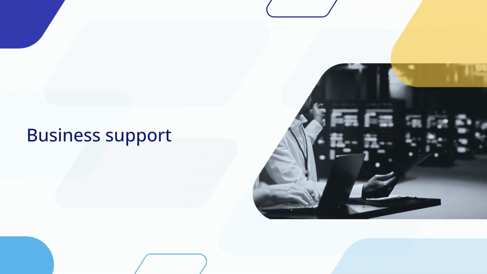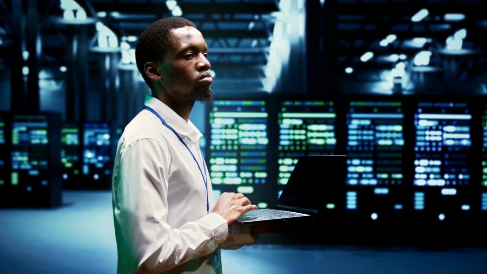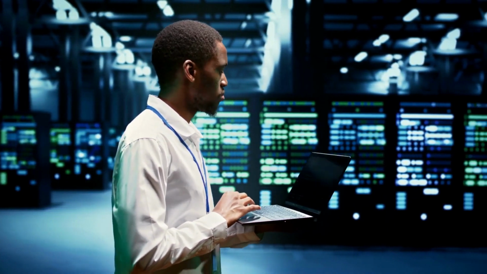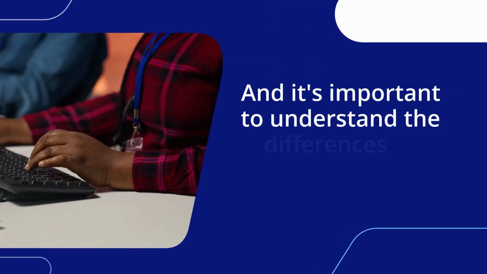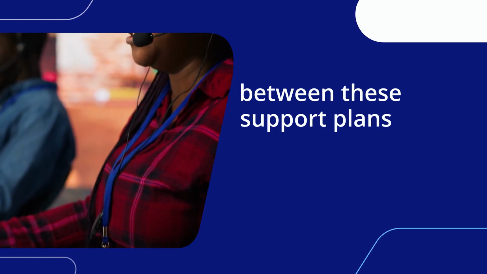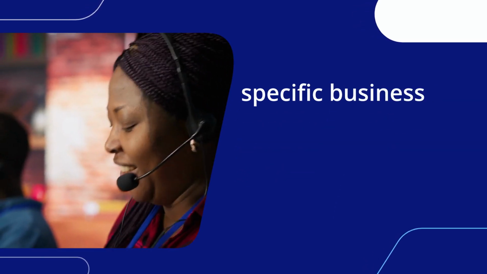Aimed at production workloads, Business support includes 24/7 access to support, responsive case management, and access to AWS Trusted Advisor. Enterprise support, targeted at large organizations or mission-critical workloads. This plan offers a dedicated technical account manager, TAM, 24/7 access to support, and architectural guidance. And it's important to understand the differences between these support plans so you can recommend the appropriate level of support based on specific business needs.